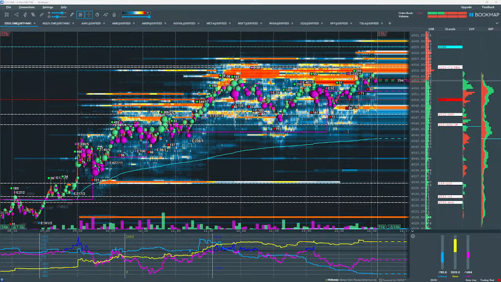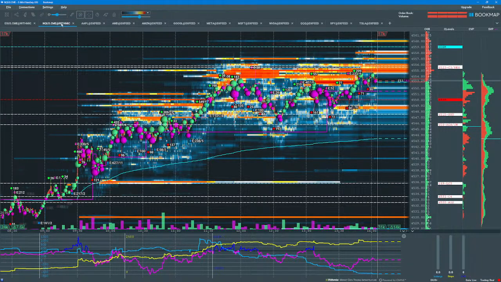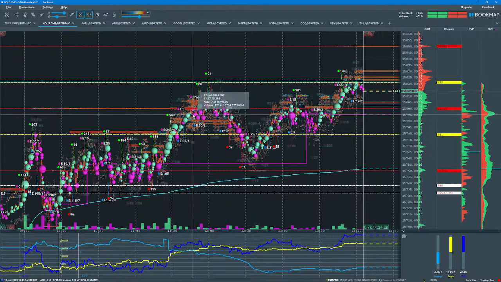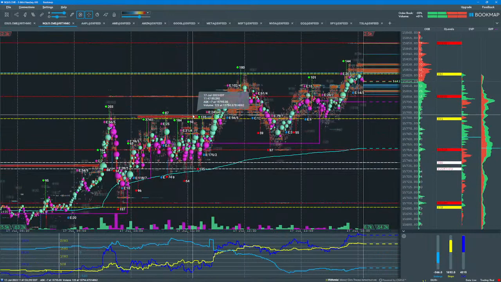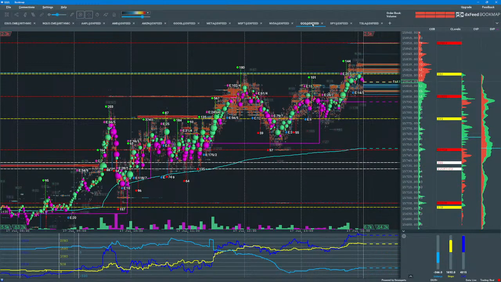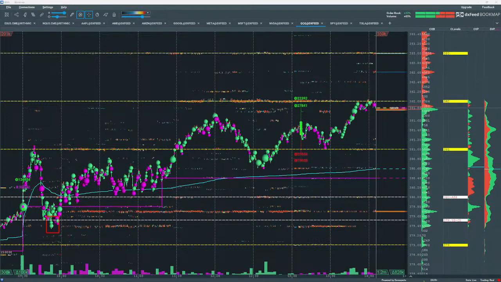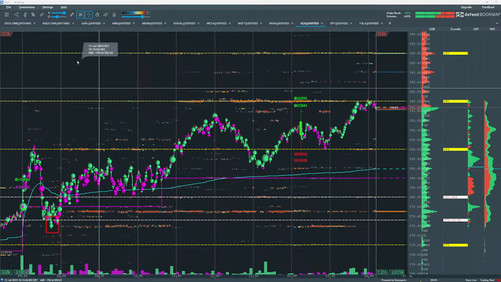Let's take a look at Nasdaq. So Nasdaq, remember we looked at this level on QQQ as a reversal level, right around 379.50, combo 2 level, combining QQQ and NDX gamma.